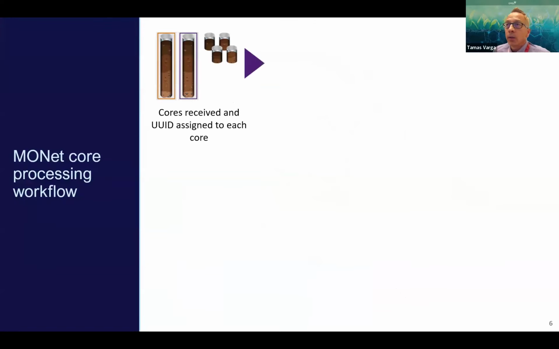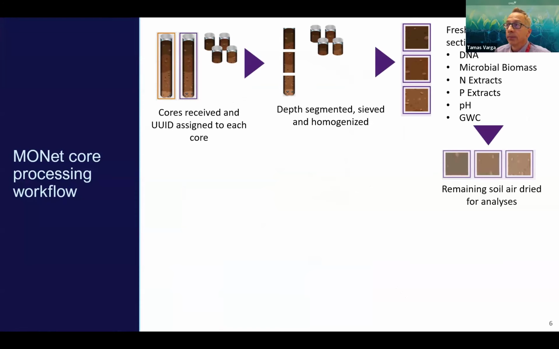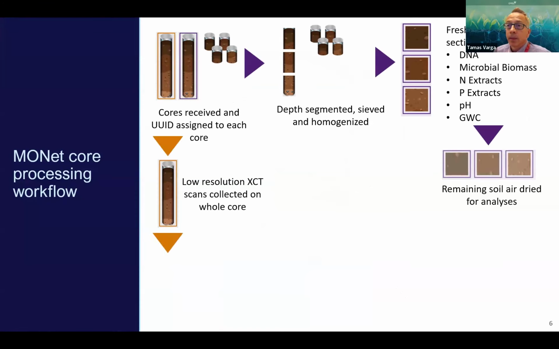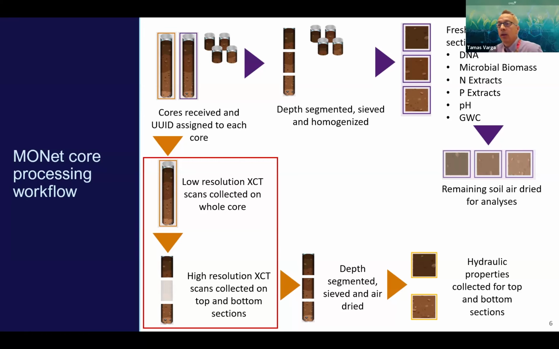So in MONet, as you know, we analyze a lot of cores, and one workflow is the one that contains the chemical analysis. But I want to point out the second one, which is the abiotic cores go to the CT. That's framed there, where we collect lower and higher resolution scans on each core, 4 scans total.